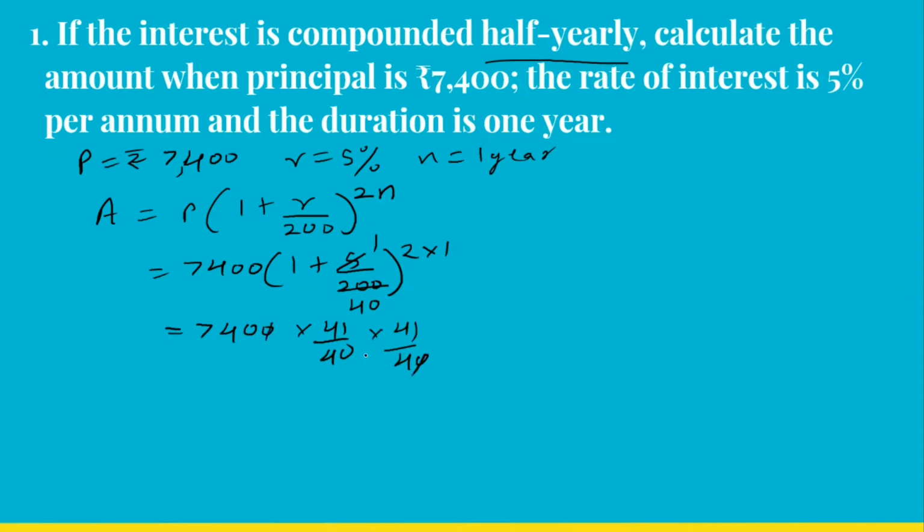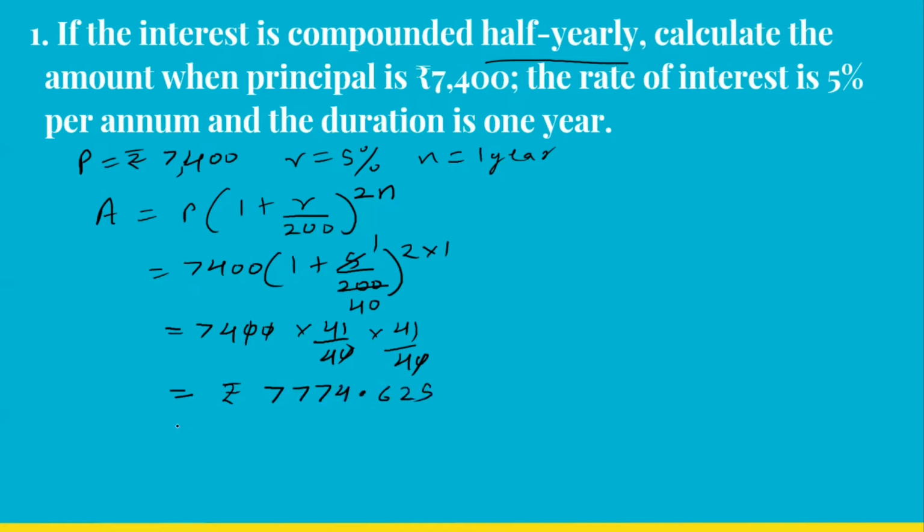So let us simplify this. Divide it and you will get decimals. You can multiply or keep dividing by 2 and then do it, it's up to you. Okay. So finally when you simplify, children, you get the answer as rupees 7,774.625.